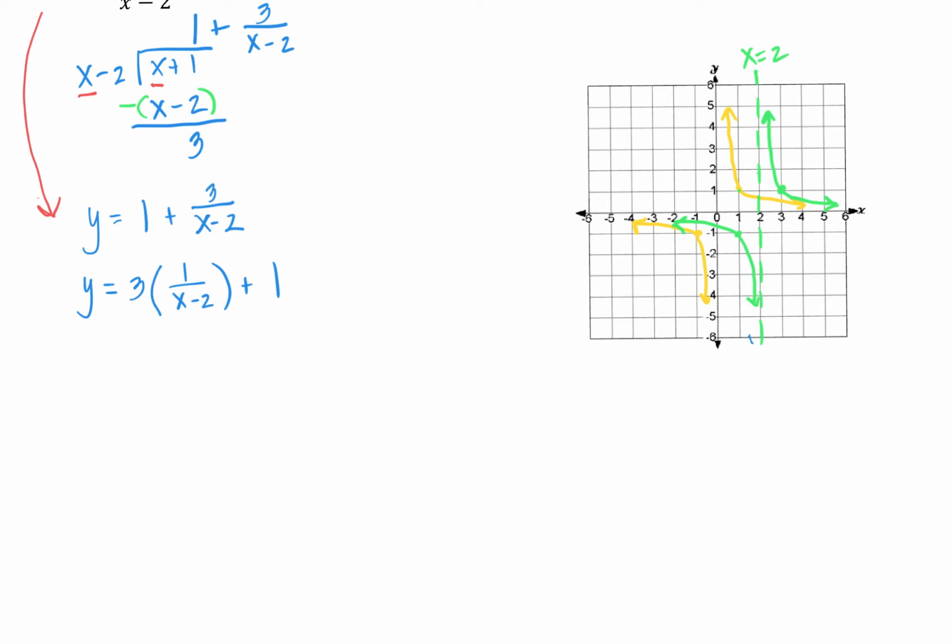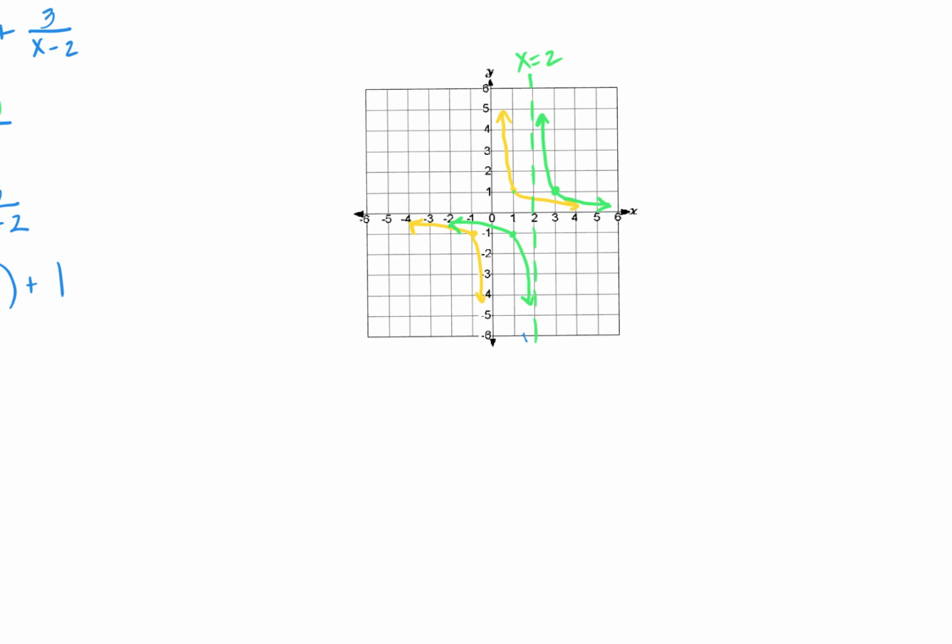The 3 on the outside is changing the y values. We're going to multiply the y values by 3. At the point 3, 1, the y value of 1, if we multiply that by 3, 1 times 3 is 3. And then at the point 1, -1, if we multiply -1 by 3, we get -3.